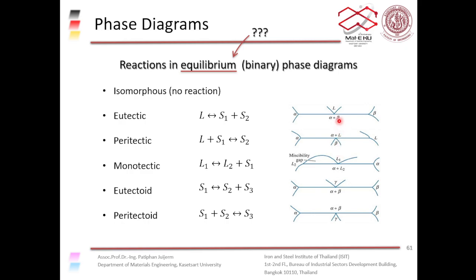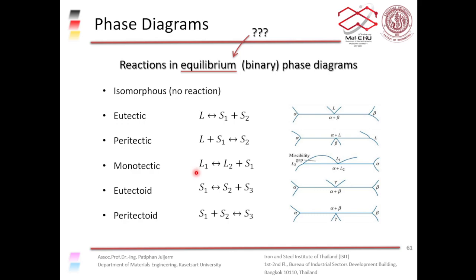When you are cooling it down. In fact, all these reactions are reversible as well. So when you are heating it up, for example, alpha plus beta, when you reach this temperature here, all the solid alpha plus beta will turn into liquid. Right? Okay, so this is peritectic.